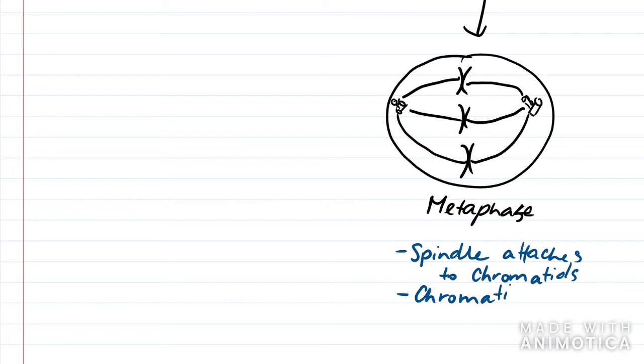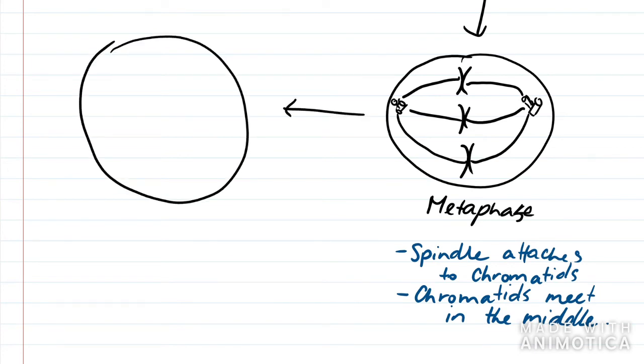Okay, well, what's the next phase? Once they've met in the middle, what do they have to do next? They need to pull apart. And that's going to be our anaphase. Grab my centrioles first. They're always my weak spot.